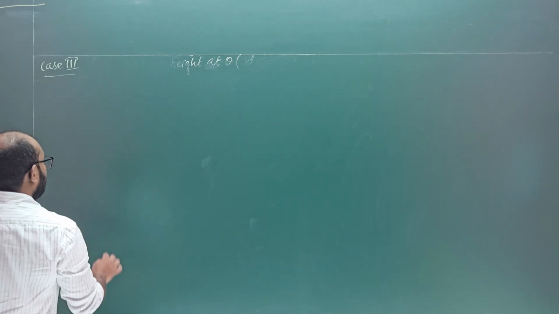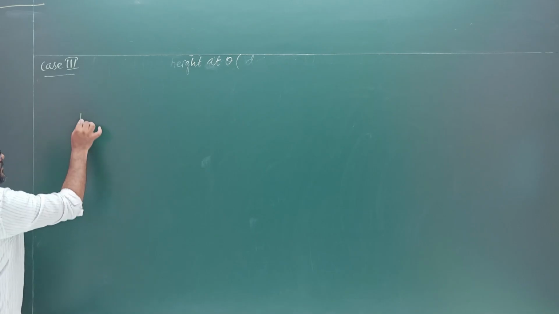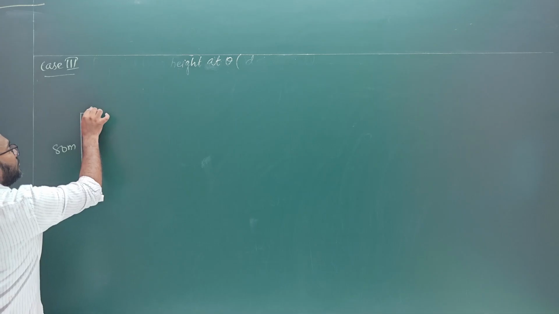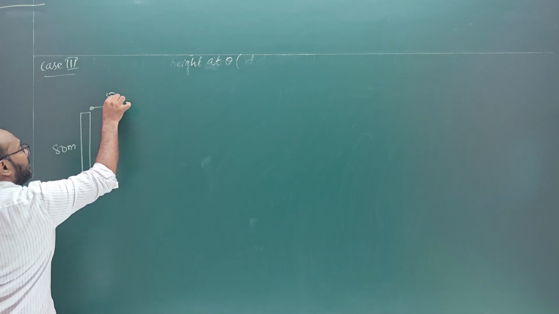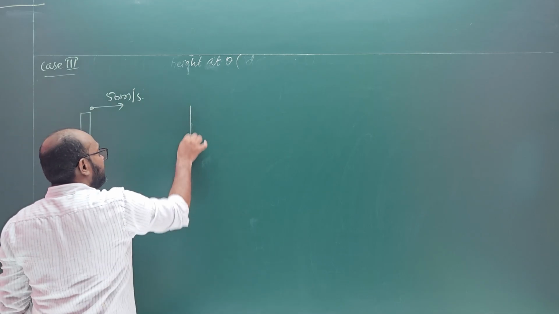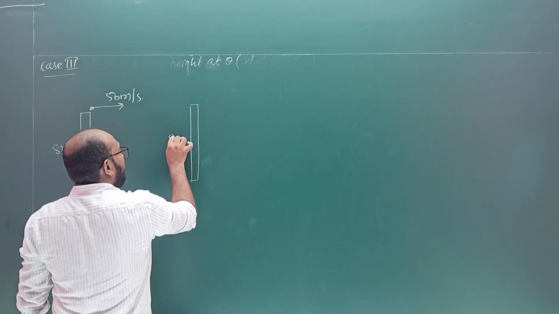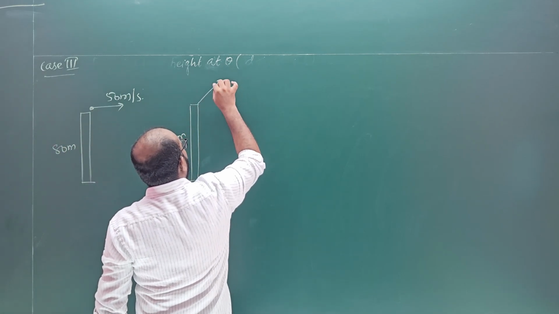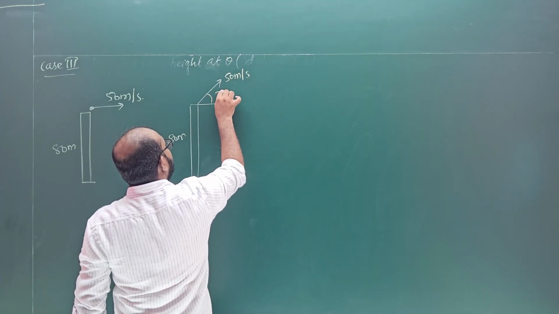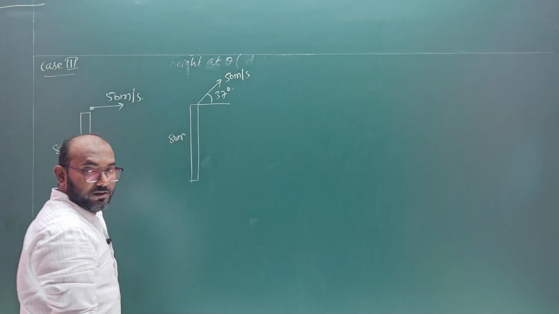Okay, so now listen to me. From a height of 80 meters, first we threw the object in the horizontal direction at 50 meter per second. Second, from a height of 80 meters, we threw with the same velocity, 50 meter per second, but at an angle of 37 degrees.